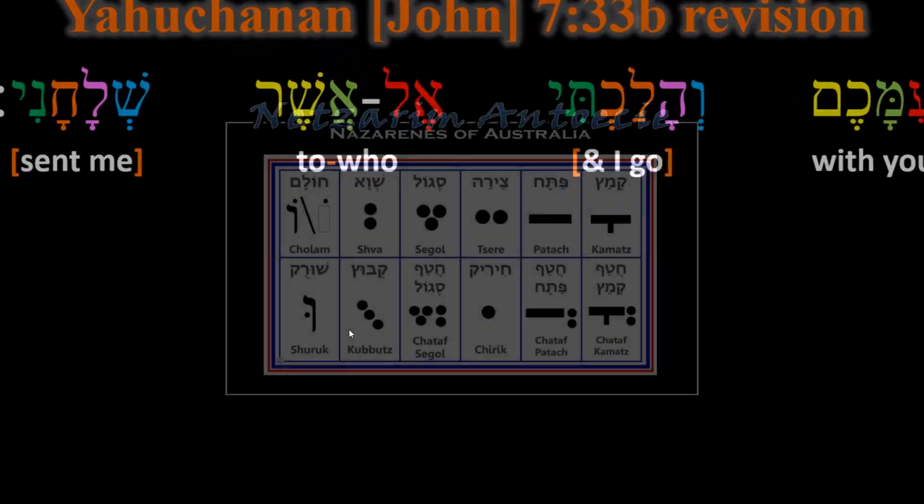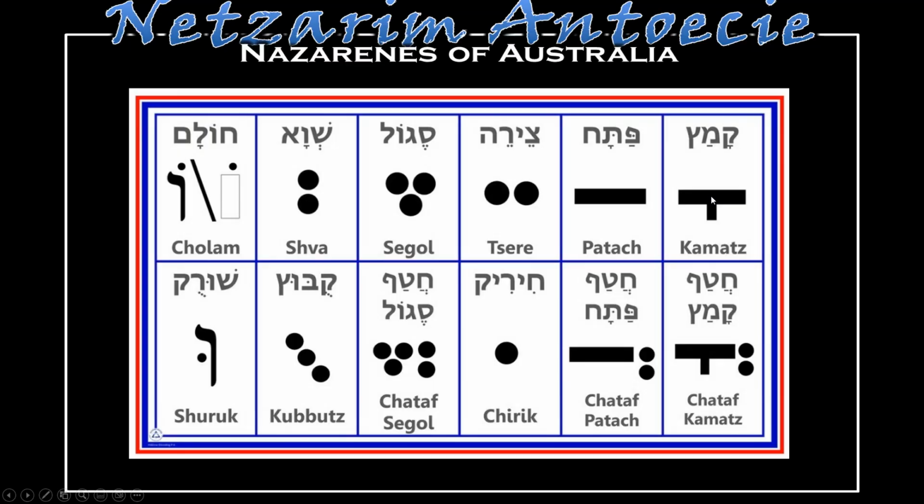And then finally, we have our chart of vowels, just to remember that a kamatz is longer, patach shorter, tzere is longer, segol is a shorter e, shva breaks the word into its syllables, cholam is the o sound, shuruk is the long u, and kubutz is a bit shorter, and then we have a combination of chataf segol. After the shva we have a segol, and then we have chirik, the i sound, chataf patach, the short a after the shva, and then we have chataf kamatz, the kamatz after the shva.